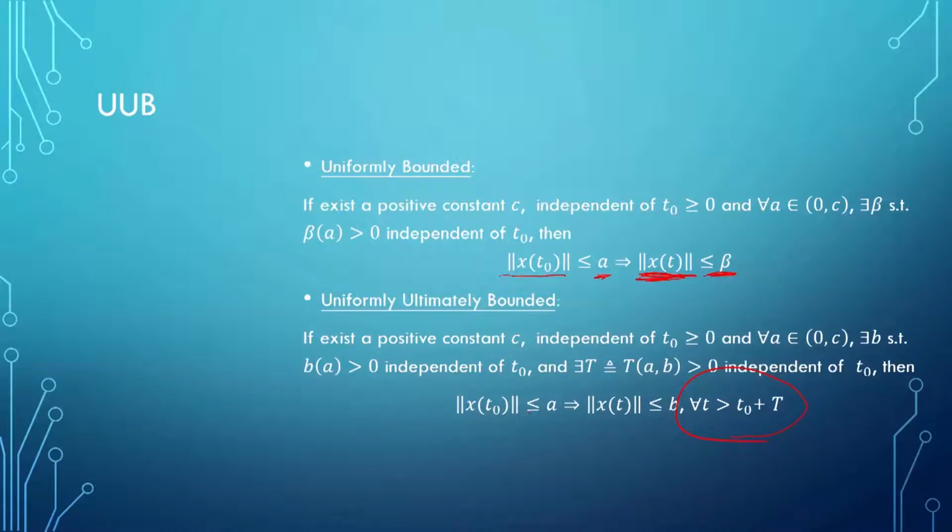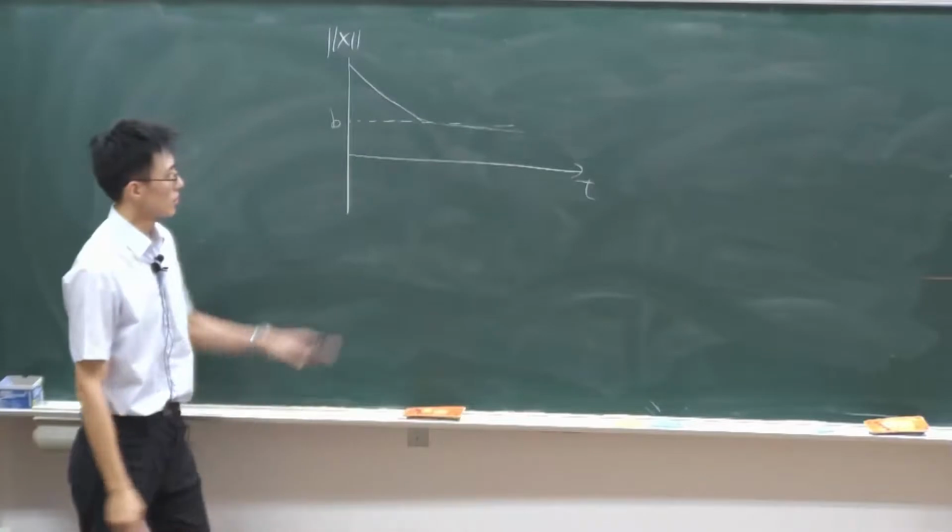The second, UUB, is you start from the same radius, and the trajectory will converge to a value b, we used delta before, okay, within some finite time. This is UUB, right?